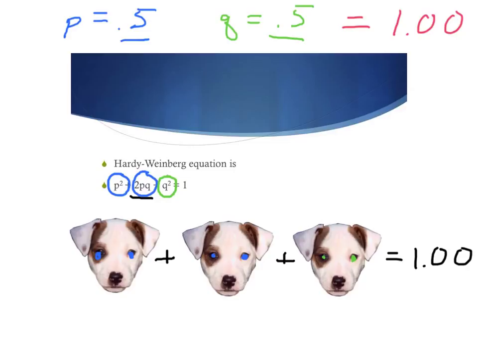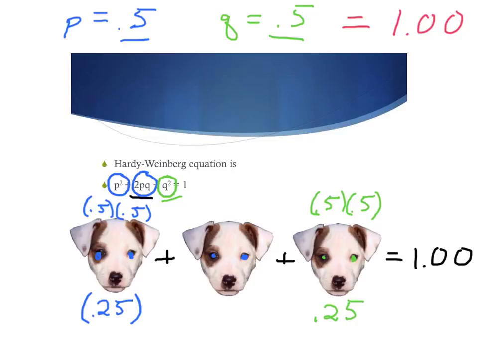We can apply that to the Hardy Weinberg equation and say that 0.5 times 0.5, because that's p squared, gives us a total of 25, or 25%. We apply it to the q, again, was 0.5, 50%, times 0.5, 50%. That's the q squared there. And that gives us the 25% probability that we end up with a puppy with green eyes.